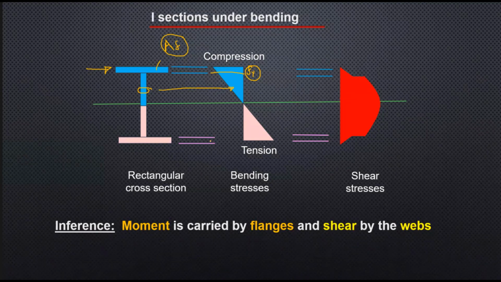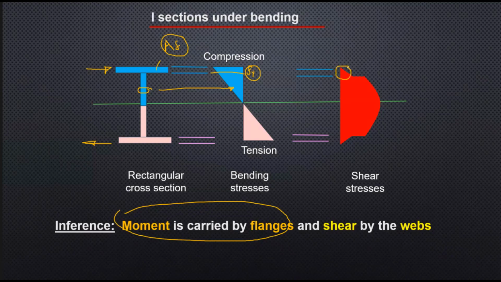So what we say is, if you calculate for a parallel flange beam, more than 90% of the moment is contributed by the tension-compression system of the flanges. So moment is carried by the flanges. Right. Now coming to the shear diagram, the component of the flange part is absolutely very small, and the web takes the shear.